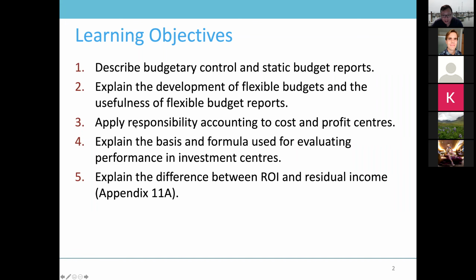Third, we are going to use responsibility accounting for cost and profit centers. Fourth, we want to understand performance evaluation for investment centers. What is the basis? What's the formula? And the last one, we're going to explain the difference between return on investment and residual income. So those are the five objectives.